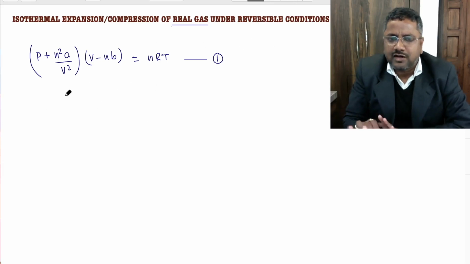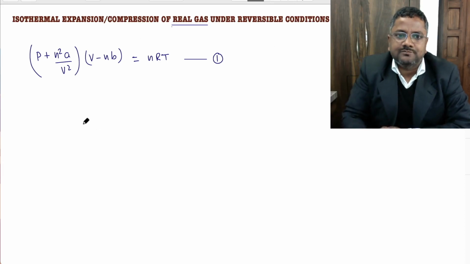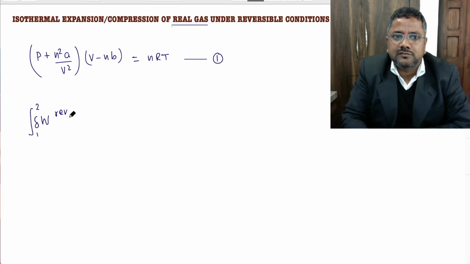So see, the formula is the same. What formula? ΔW reversible is equal to minus, this is the convention, integral from 1 to 2 of P external dV, right?